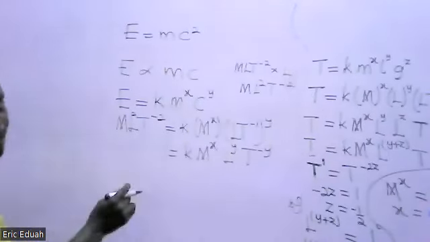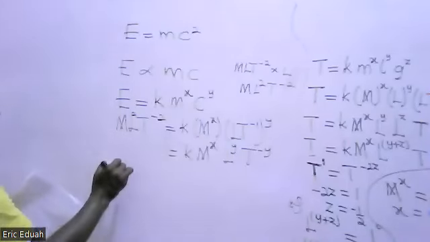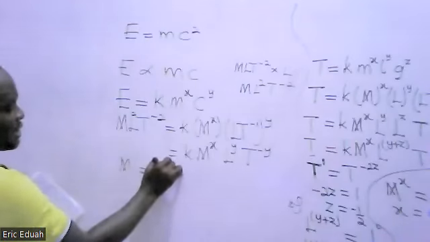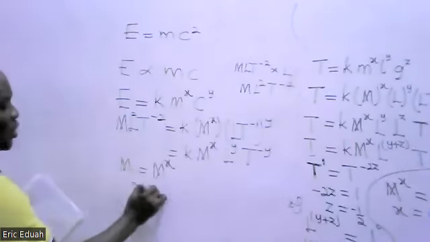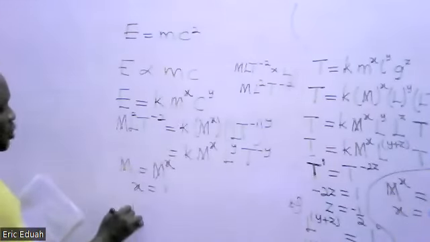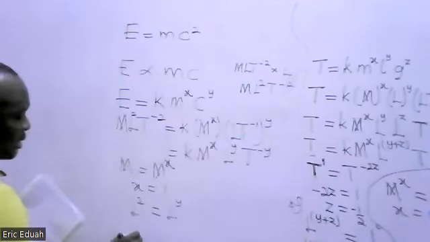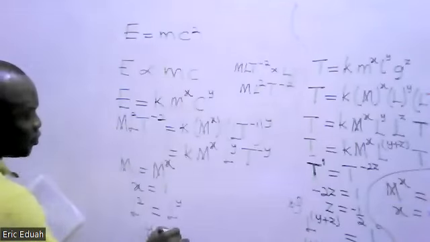So when you compare the left hand side to the right hand side, M is equal to M to the power X. Therefore, X is equal to 1. L squared is equal to L to the power Y. Therefore, Y is equal to 2.